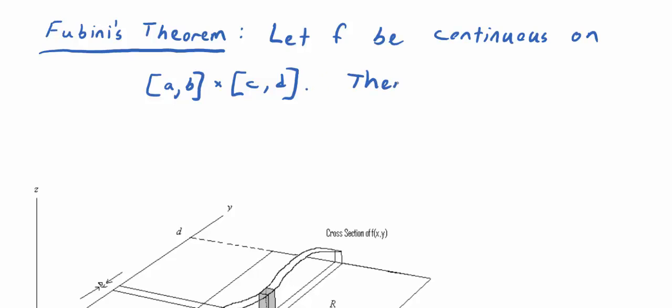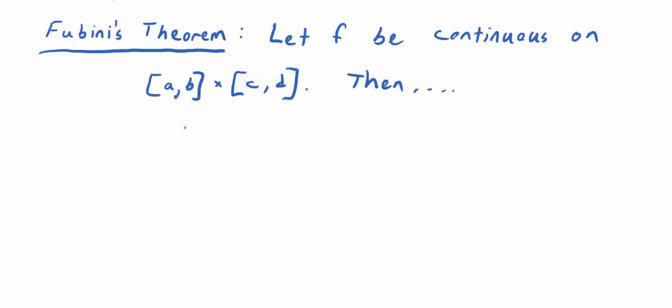Then, let me make some room here. Here's the conclusion. This is the big conclusion. The double integral of the type that we studied in the last section over R of f of x, y, dA is going to be equal to the integral of the integral.